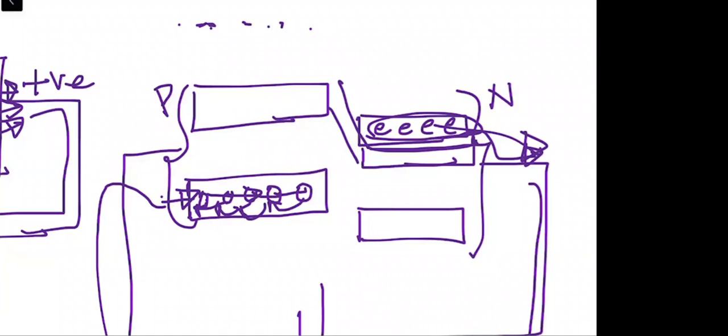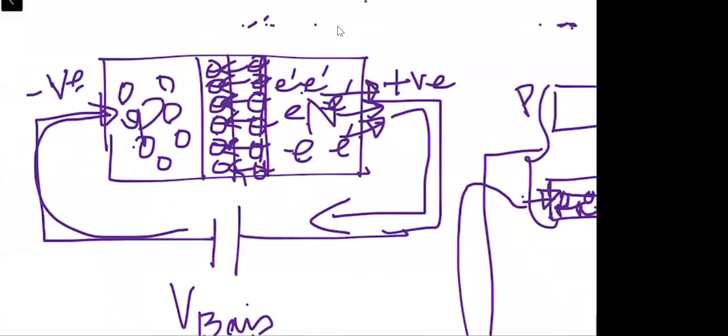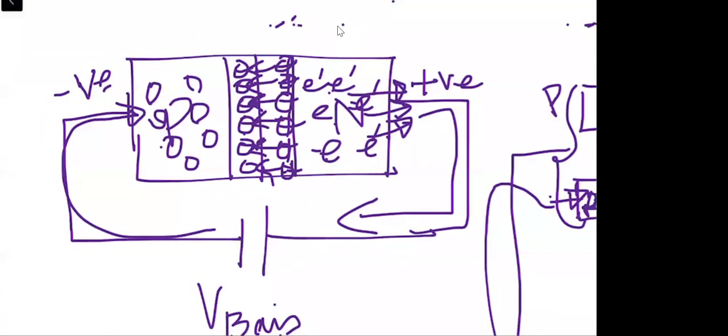And once it is reducing in energy, this means they will drop down. So the gap between the P side conduction band and the N side conduction band is going to increase. This means the size of the energy hill will increase. And eventually the impact is that the width of the depletion region is going to increase.